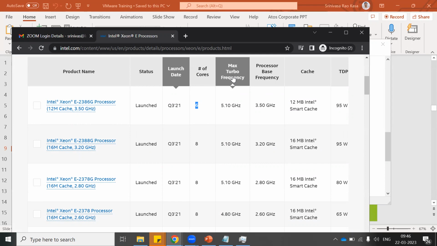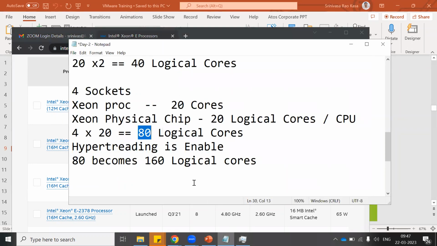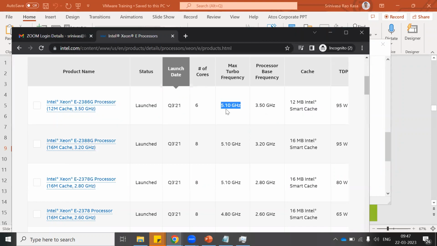Turbo means if hyper-threading is enabled; each processor's initial configuration is 3.5 gigahertz. With hyper-threading, they call it turbo frequency, and the max we are going to get is 5.10 gigahertz. That means you need to calculate 160 into 5.1. Generally, it is not considered in capacity calculations while working on fine-tuning and VMware recommended approaches.